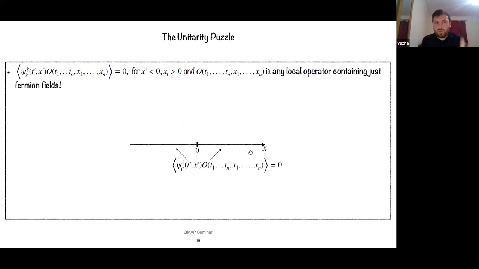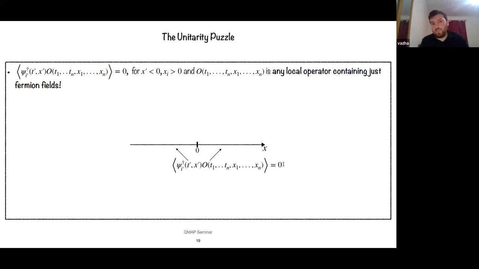But if you just use local fermion fields, you can very easily convince yourself that any number of fermion insertions just on the positive side of the axis will always give you a vanishing correlation function. That, of course, follows from the symmetries, and that is connected to the unitarity puzzle. That is exactly why we have the unitarity puzzle, because we cannot easily write down the final state.